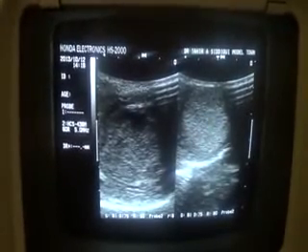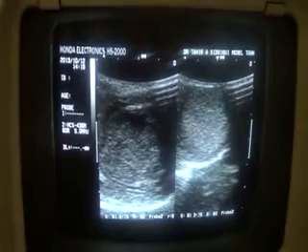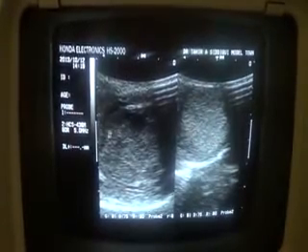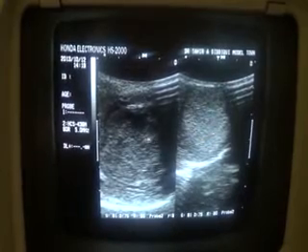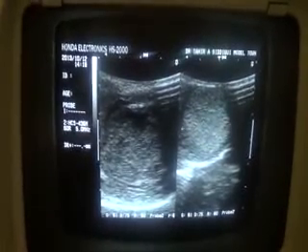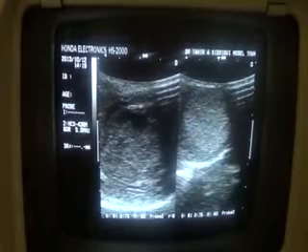This is the scrotal wall, and now compare it with the right one, which is suggestive of orchitis, and its echogenicity is less as compared to that of the left testis.